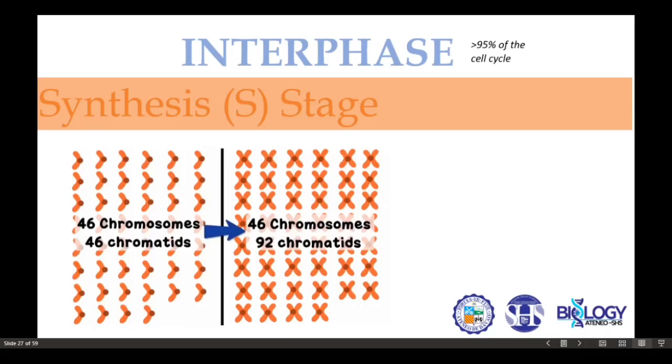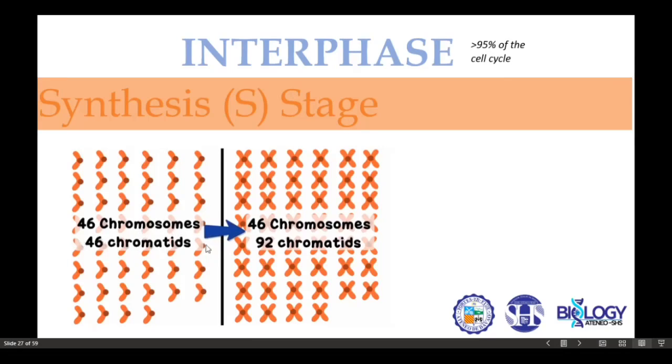Now, before S phase, there are 46 chromatids. If we count these, they are all 46 chromatids. Therefore, we have 46 chromosomes. After S phase, and again, S phase stands for synthesis, there is a synthesis of another strand of DNA molecule. Therefore, the amount of DNA, or the amount of genetic material, increases.